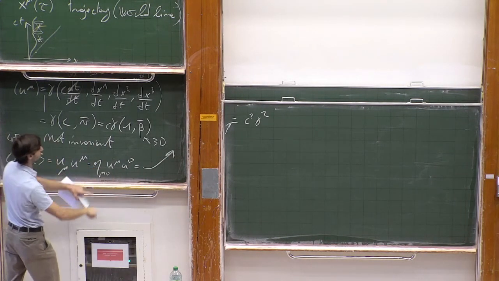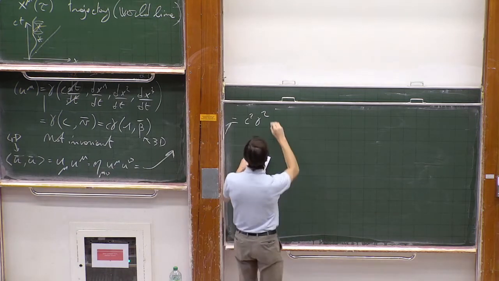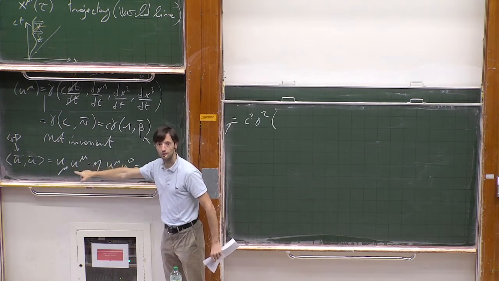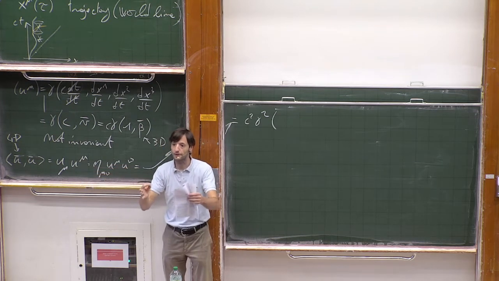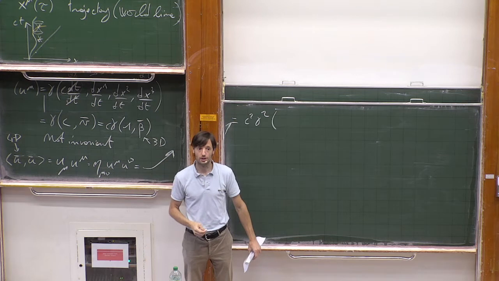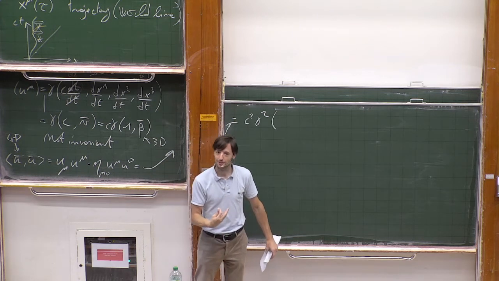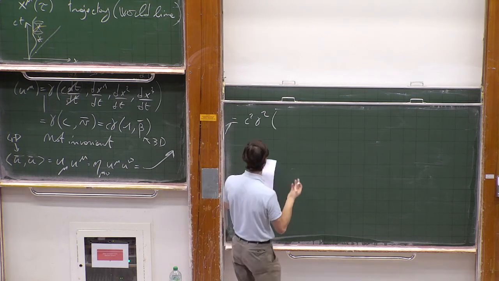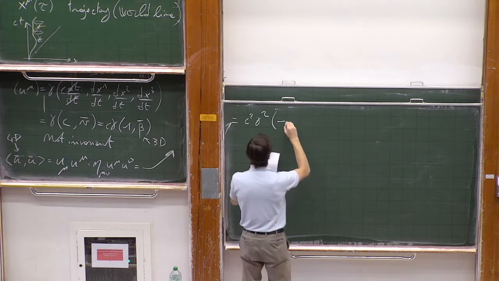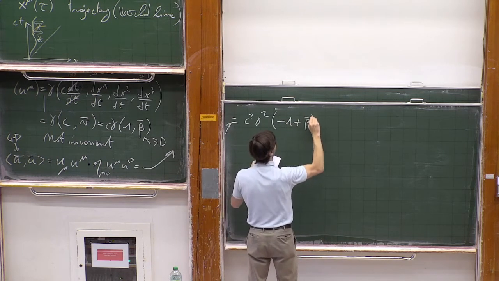And then we have this scalar product, we have the multiplication. I need to sum up the squares of the components. So by summing up, remember that there is the metric with the minus in front, therefore we have a minus 1 plus beta modulus squared.